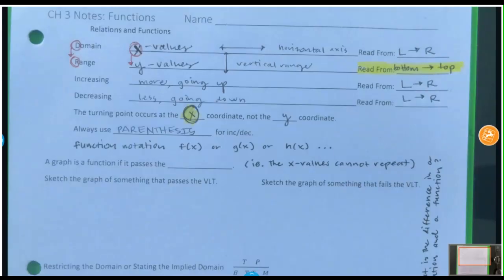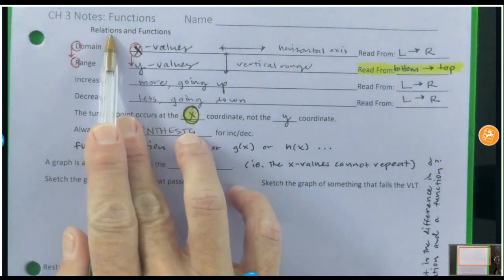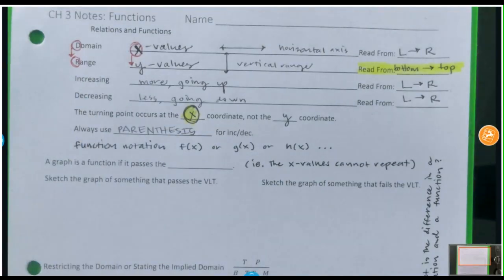All right, as I said at the beginning, a function is a special relation. A function is a relation in which none of the x's repeat. We're going to talk about that in a little bit more detail later. But there are several ways to denote a function. So you might say f of x. That's one way to say this is a function.